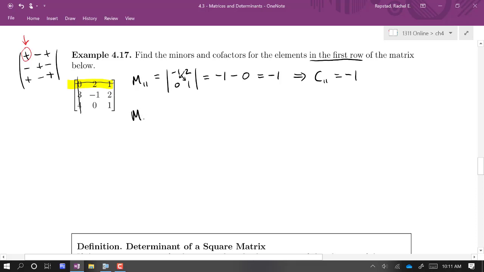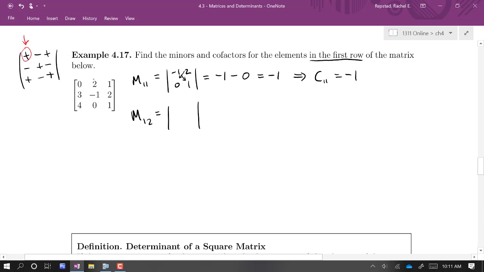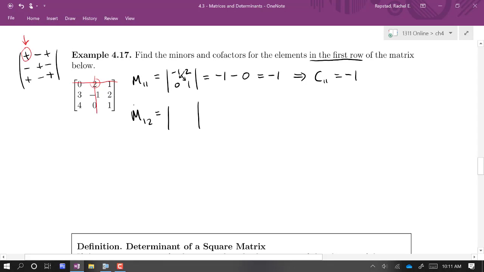For the next entry, the minor for 1, 2, here I'm going to erase some of this. I know it's going to be the determinant of a 2x2. And it's the 2x2 I get when I eliminate the first row, second column, and the entries I'm left with are 3, 2, 4, 1.